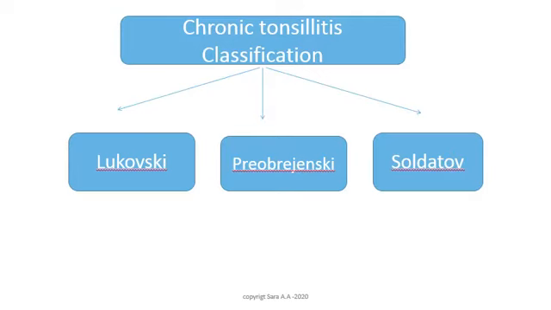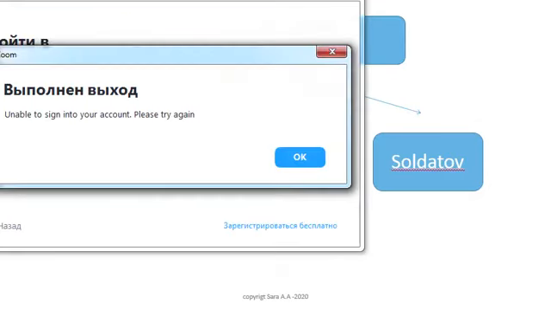This classification is from the post-Soviet countries and the Russian Federation's system. They classify chronic tonsillitis into 3 types: the Lukovsky, Preobrazhensky, and Soldatov classifications.